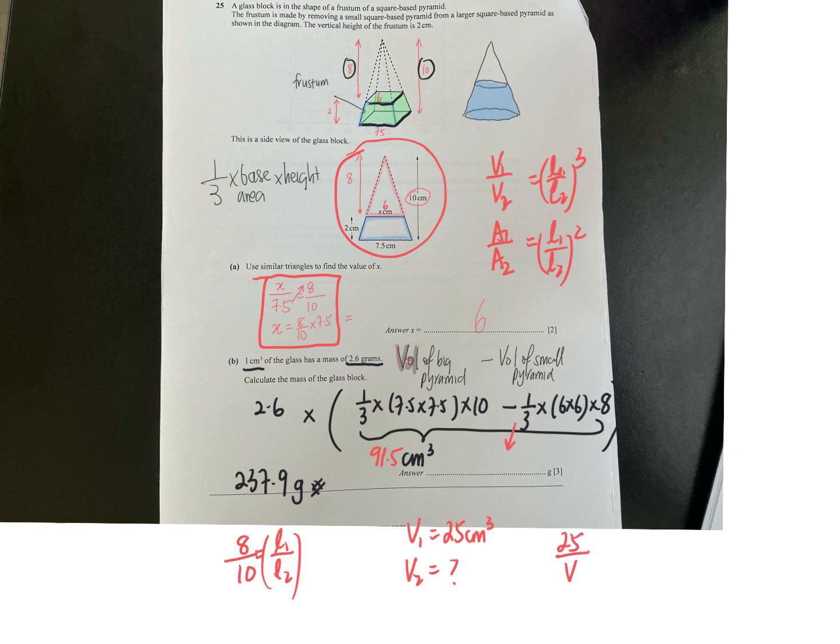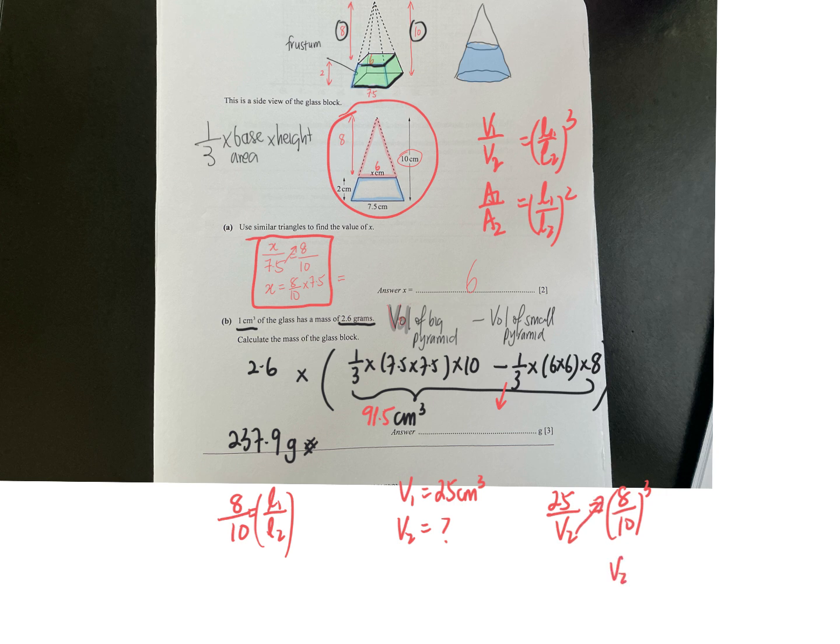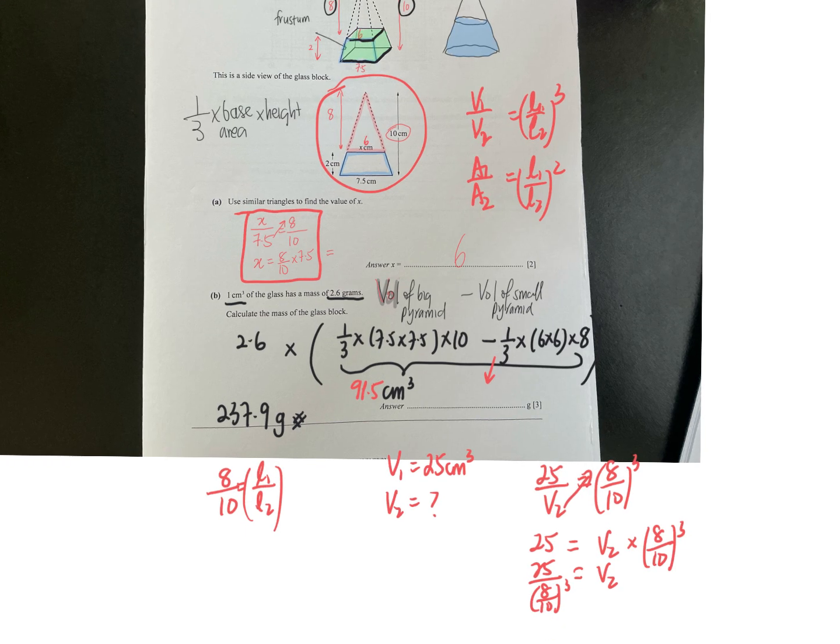V1 over V2 is 8/10 cubed. Then you cross multiply and solve. Cross multiply, V2 times this equals 25. So V2 is 25 divided by this whole thing. So the second part I can change to something like that. Or I can give you area. Then instead of cubing, you square.